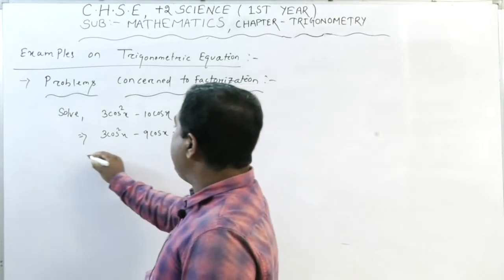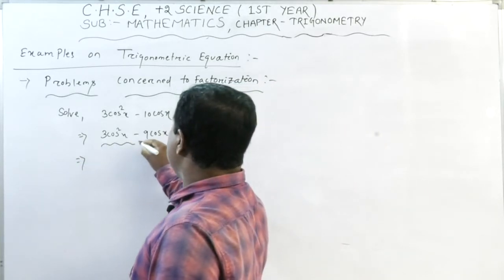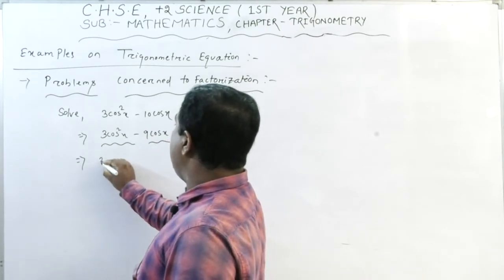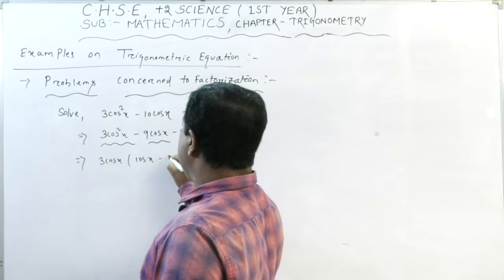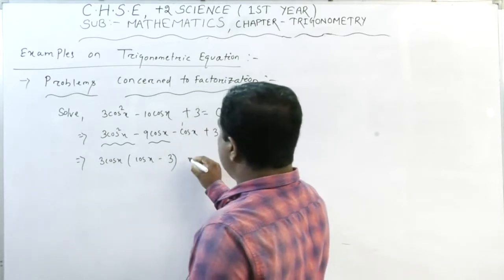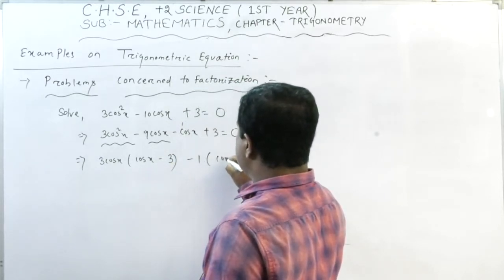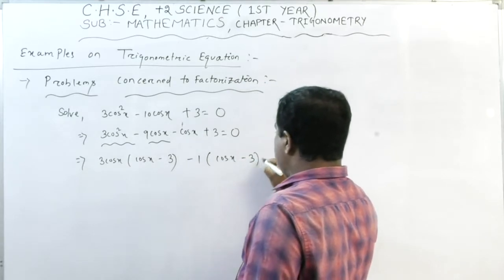Further, from the first two terms we can take common 3 cos x, and the remaining is cos x minus 3. From the other two we can take minus 1, leaving cos x minus 3.